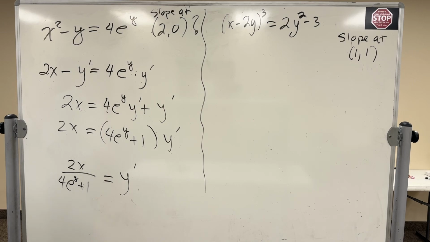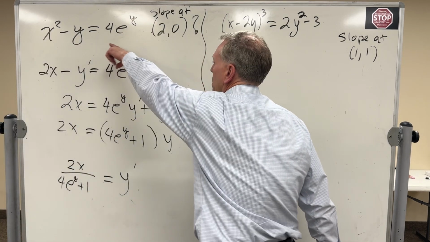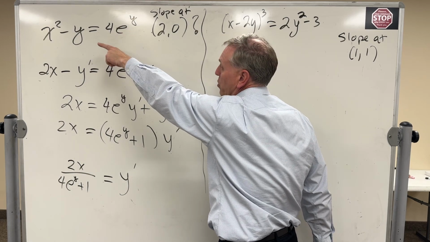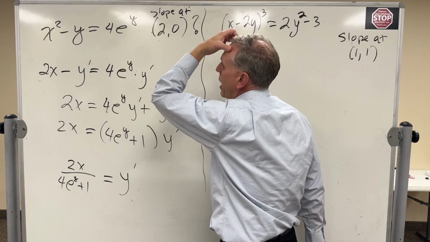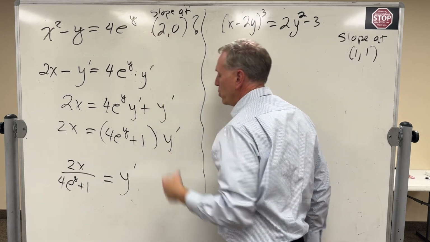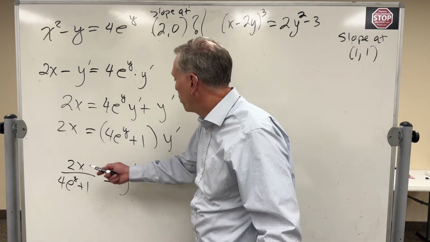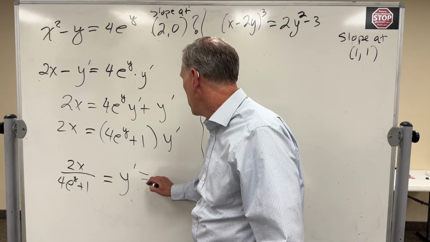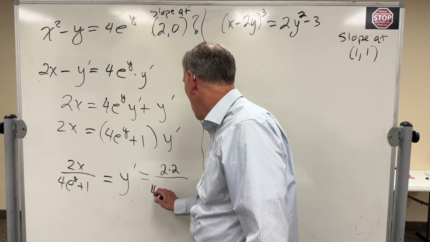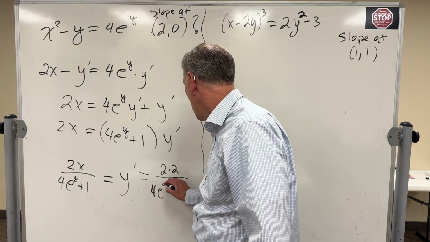Now what we're asked in the problem is, what is the slope of this equation? It's not really a function, equation is the right word. The question is, what is the slope at (2, 0)? So we plug in (2, 0): 2 times 2 divided by 4e to the 0 plus 1.